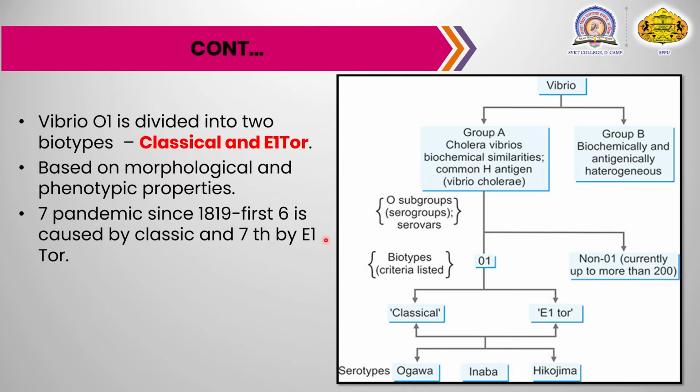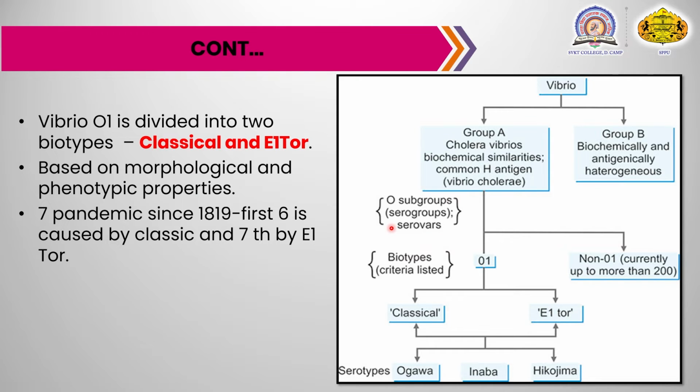The last pandemic was caused by El Tor Vibrios, and this particular Vibrio was isolated at a place whose name was given in due respect to the place from where the organism was isolated. It was isolated from Hajj pilgrims who died because of dysentery, and the organism isolated was found to be a Vibrio, but with a distinct characteristic.